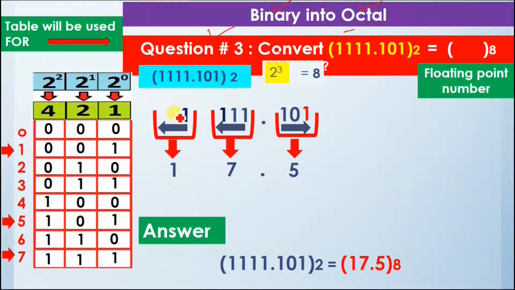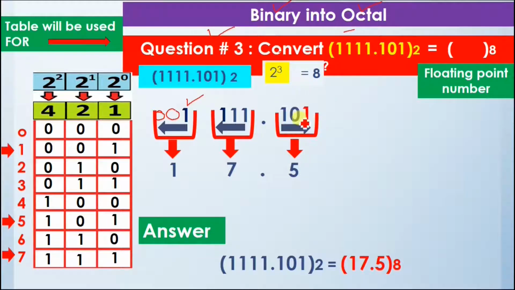So we know that we have to make groups of 3 bits in order to convert it into octal. And here we have only 1 digit. So we will add 2 zeros to make it 3 digits, right? So we have completed this group and next we move towards the right side of the decimal point. And here we can see that we have 3 digits, 101.